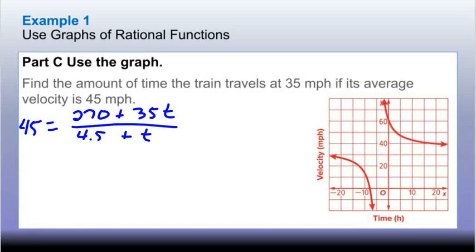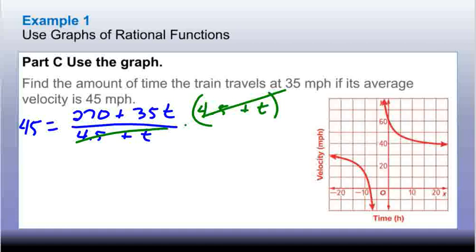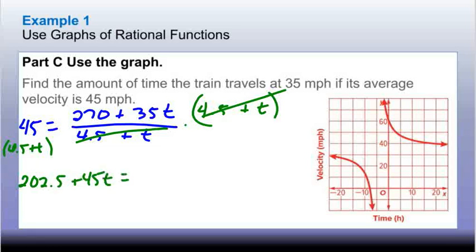So if I use this, I can now multiply this side by 4.5 plus t, just so I can get this away from the denominator. If I distribute, 45 times 4.5 gives me 202.5 plus 45t equals 270 plus 35t.